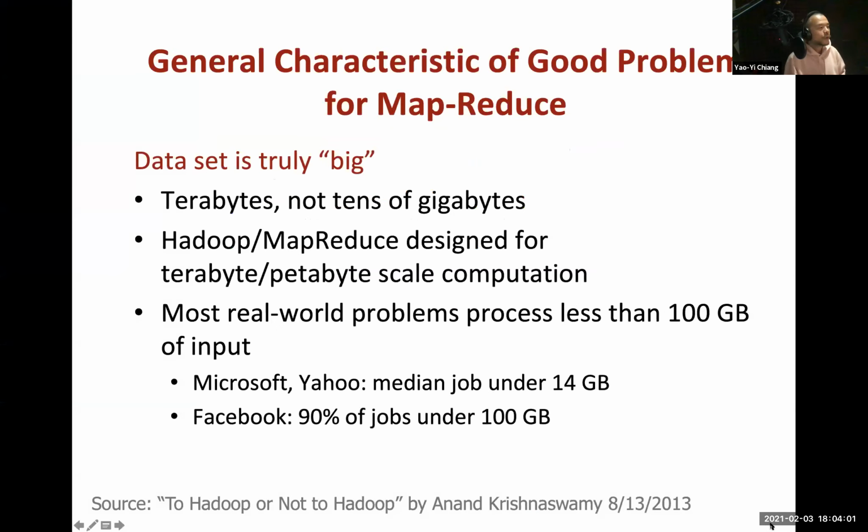All right, so when we talk about MapReduce, we are really looking at handling really, really large data set. So it's not 10 megabyte, it's not 200 megabytes, it's usually tens of thousands of gigabytes or terabytes. So your data sets should be huge before you even consider using MapReduce.